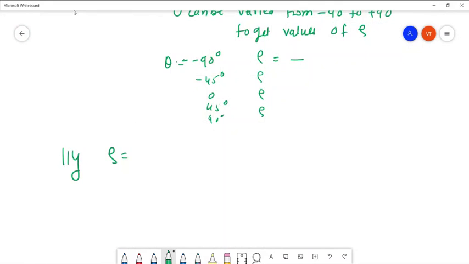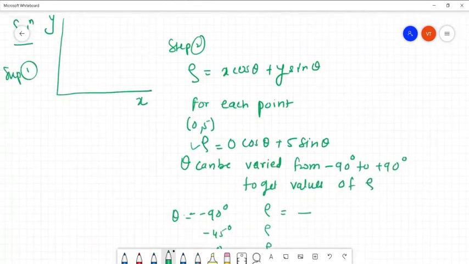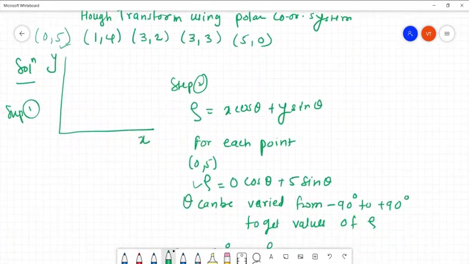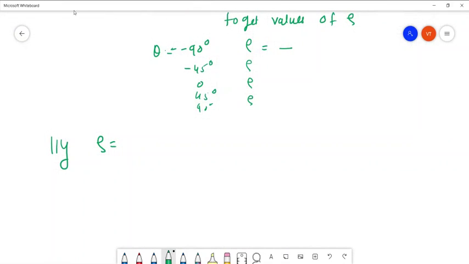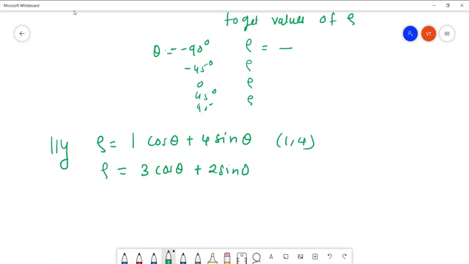What is the next point given? 1 comma 4, then 3 comma 2, and so on. So you will write all the points here. All the lines: 1 cos theta plus 4 sin theta for the point 1 comma 4. Third point is 3 cos theta plus 2 sin theta for the point 3 comma 2.